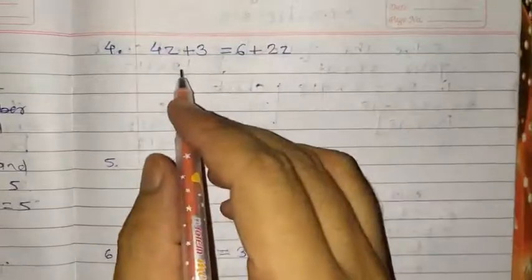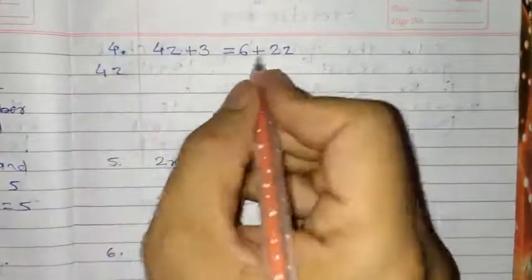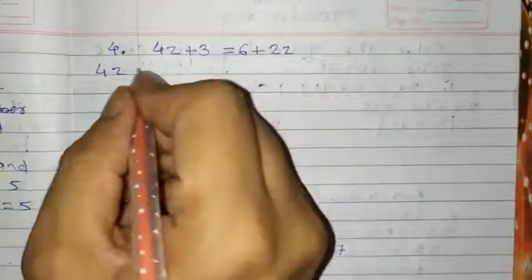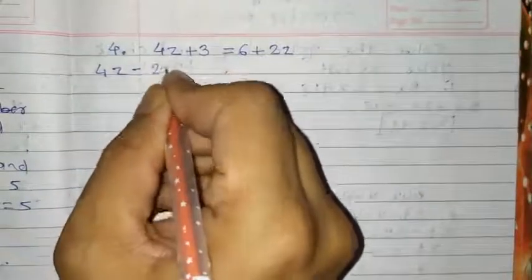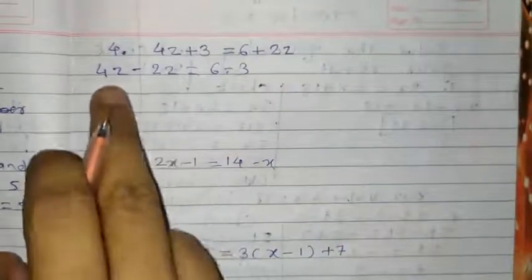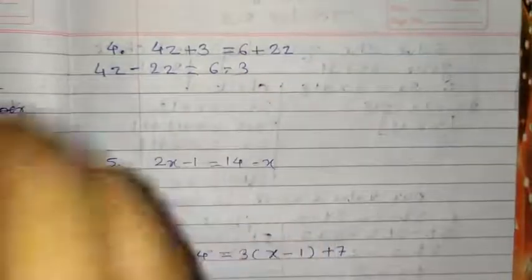Now we are in question number 4. We will do the same process. 4Z here, this 2Z we are shifting into the LHS side, so minus 2Z equals 6 minus 3. We arrange the variable on one side and the numbers on the other side.